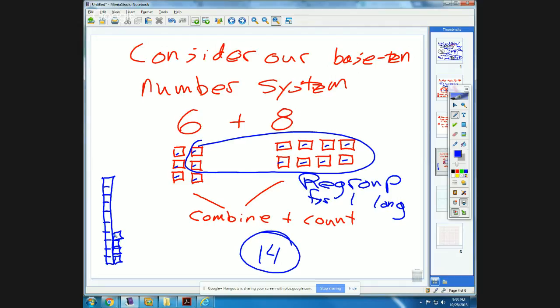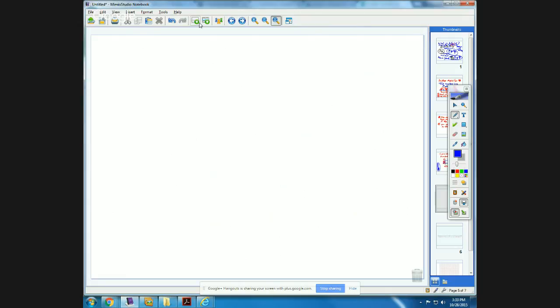And then I've taken the idea that addition means combine and count, and I've put them together. And what that's going to lead into is what Jared called the idea of carrying, right? Which is really regrouping physically. We're regrouping stuff. You could also call it trading in. I go to the bank and I trade in 10 dimes for $1, right? Same idea.